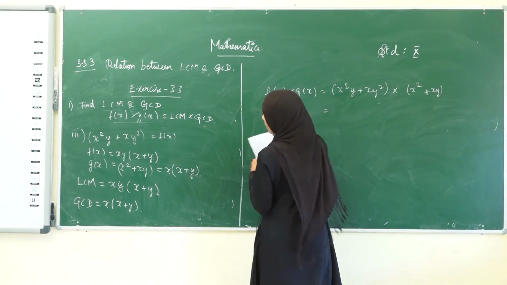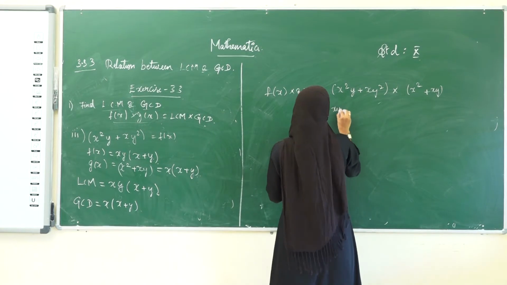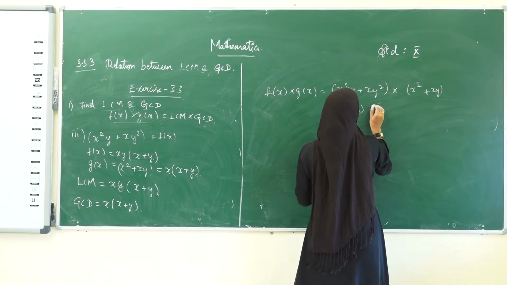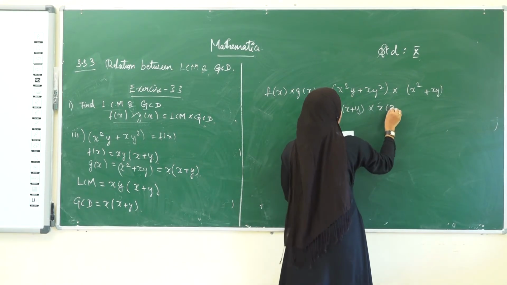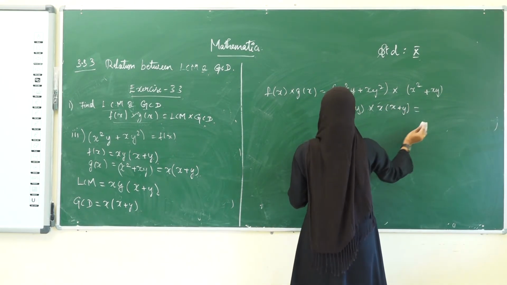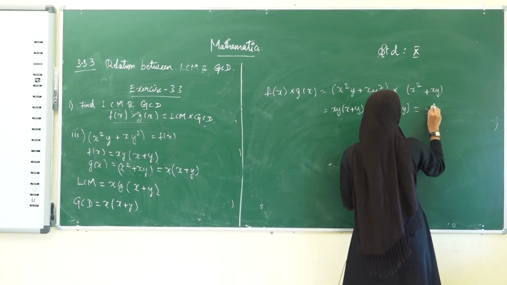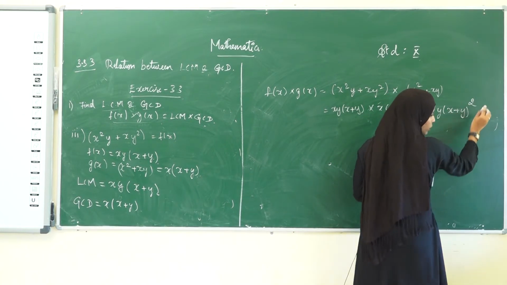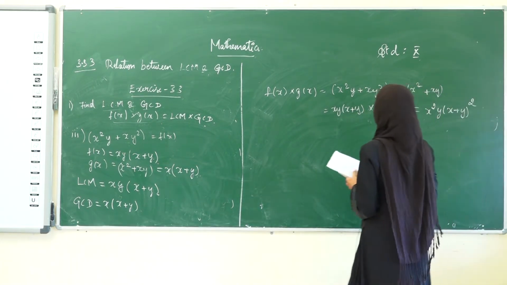Okay, we have separated this like this, x y into x plus y, and this term into x plus y. How can we write this? How can we multiply this? X square y into x plus y the whole square. Okay, we have written it like this.